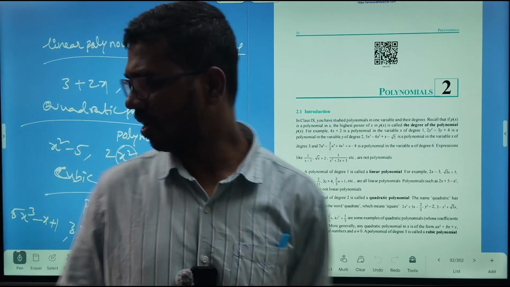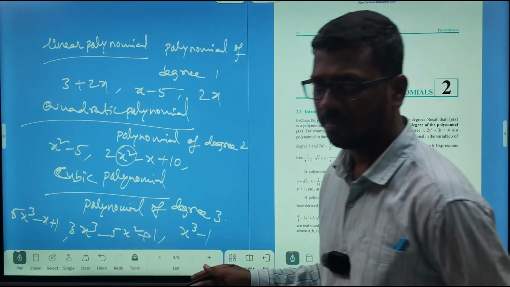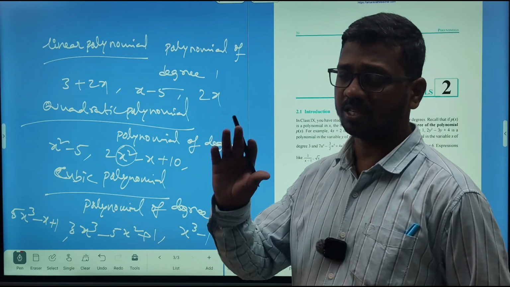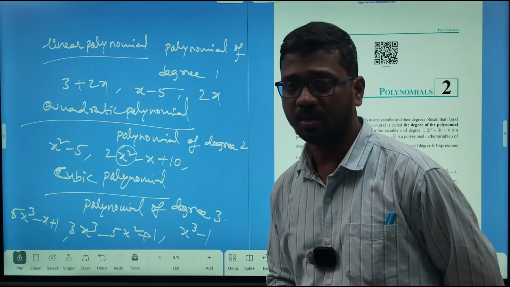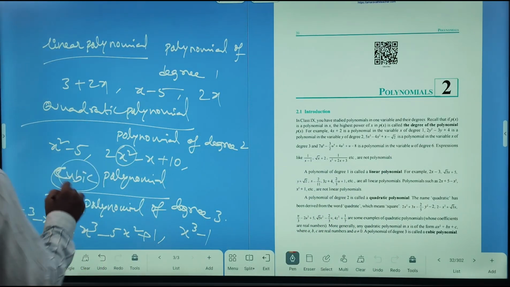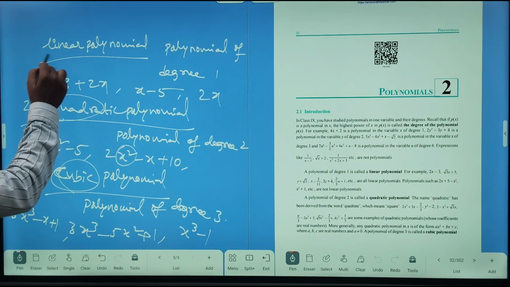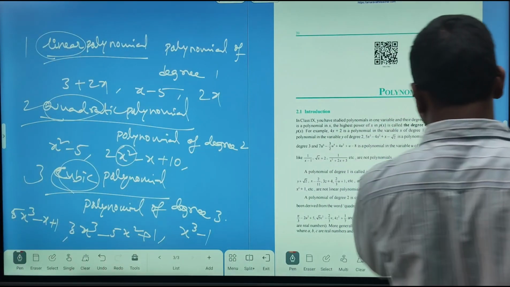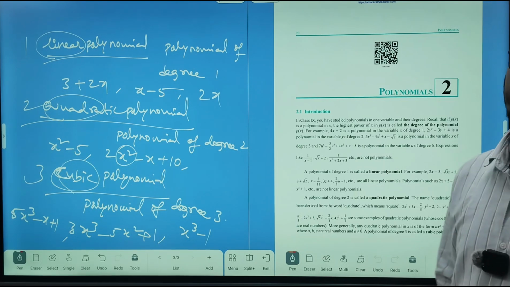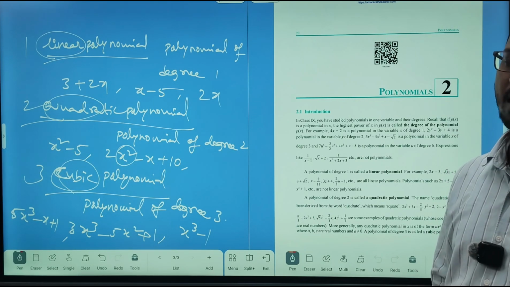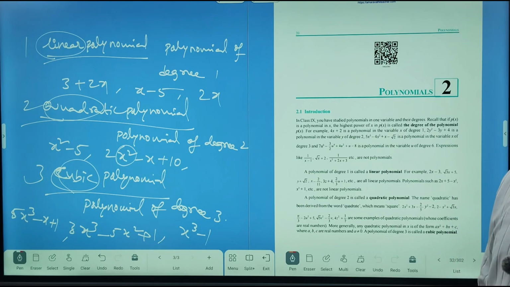We can take any of them as examples for a polynomial of degree 3, with the highest power 3 for the variable x. They are cubic polynomials. Cubic means 3, quadratic means 2, linear means 1, degree 1. That is a brief introduction about polynomials. We discussed the degree of the polynomial, the standard form of the polynomial, and what a linear, quadratic and cubic polynomial is.